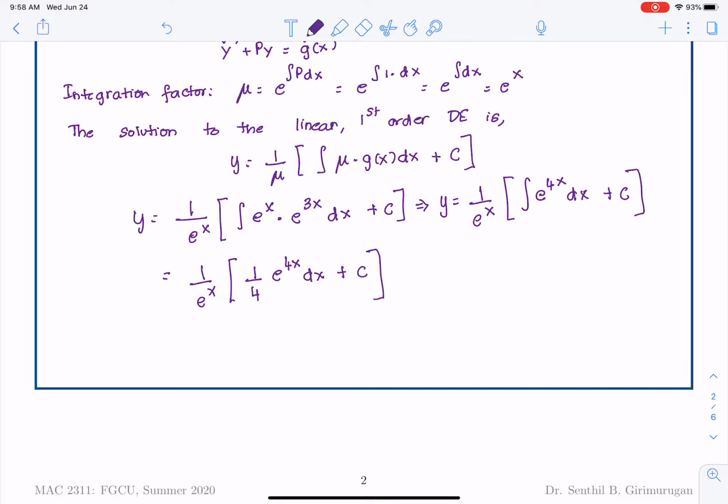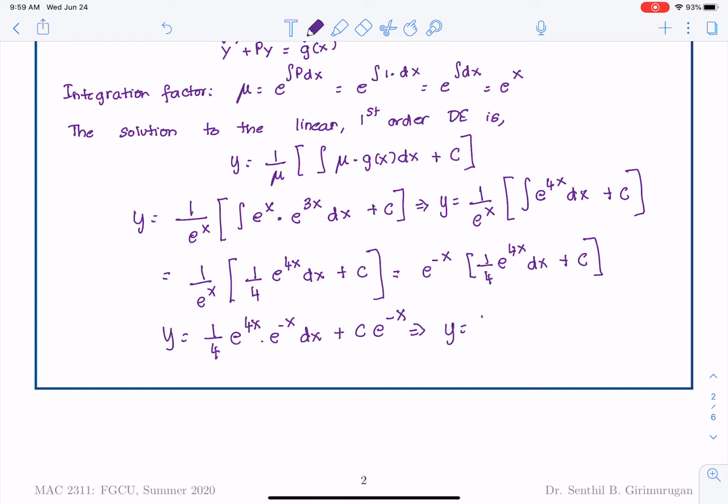Distribute the e raised x inside, or we could write it as e raised minus x and then distribute. If we distribute, we would have y equals 1 over 4 e raised 4x times e raised negative x plus the constant times e raised negative x.